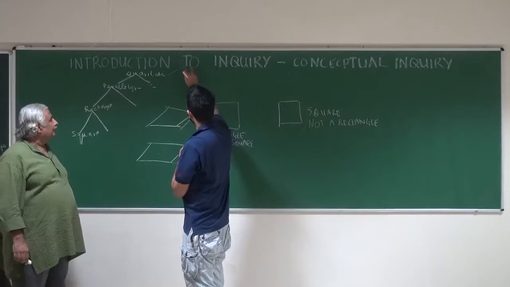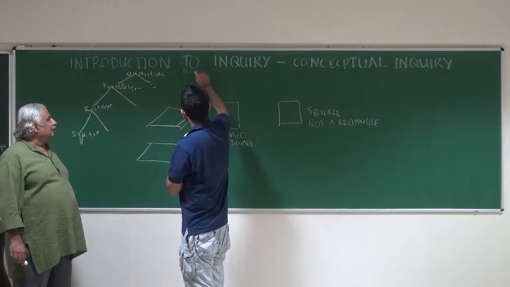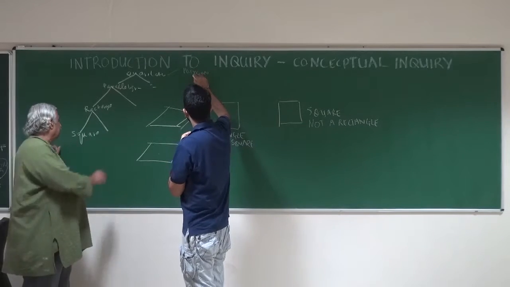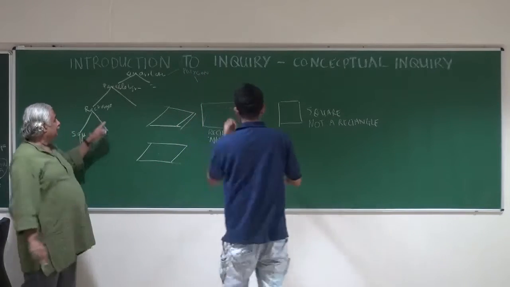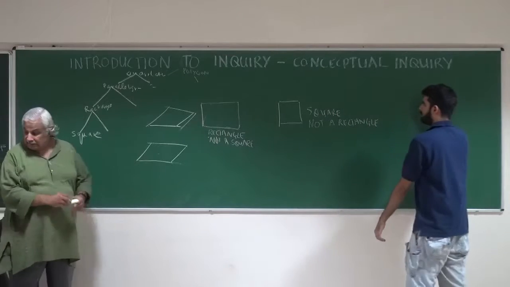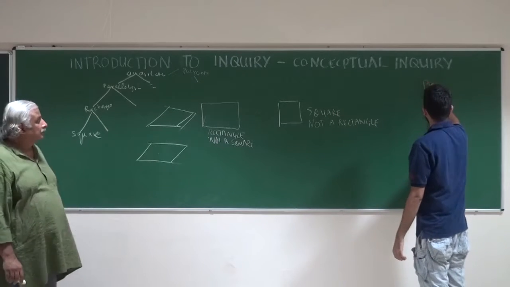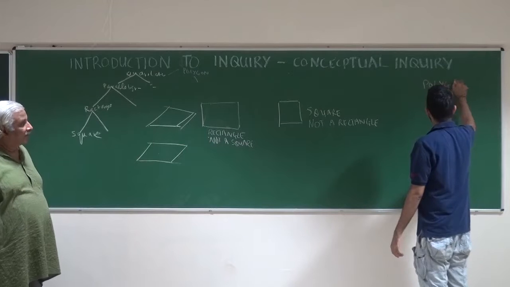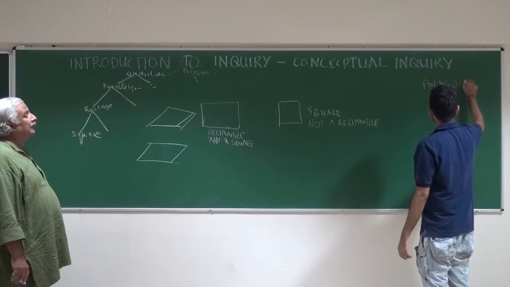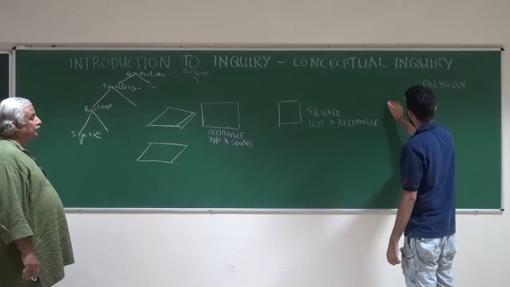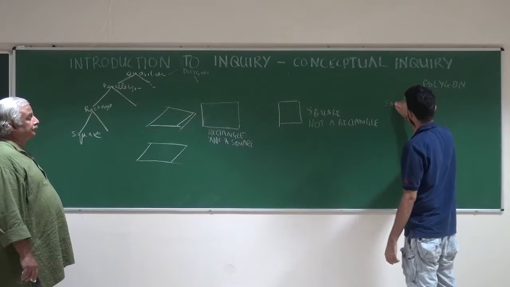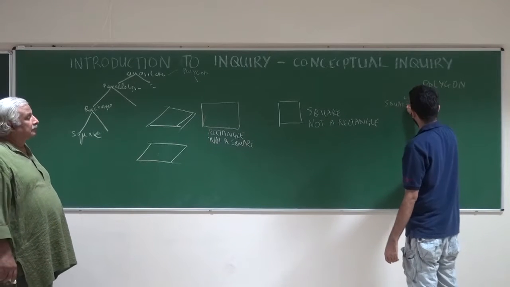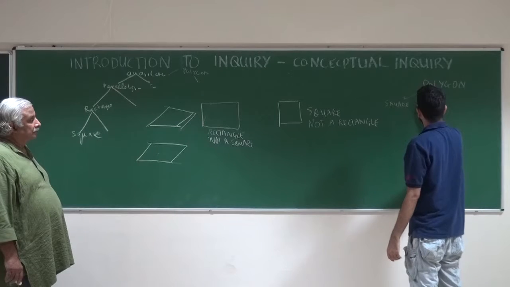Okay, so this is polygon. So that means that a square is a polygon. Right? Let's try another classification. Let's assume everyone accepts this polygon. And then you have square, rectangle, parallelogram, and quadrilateral.